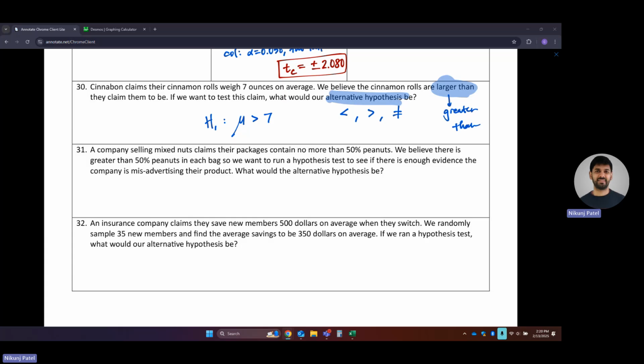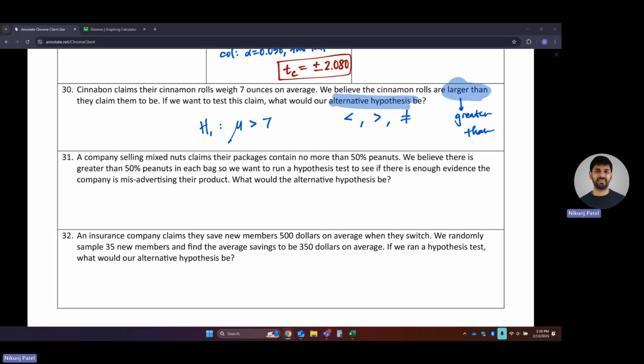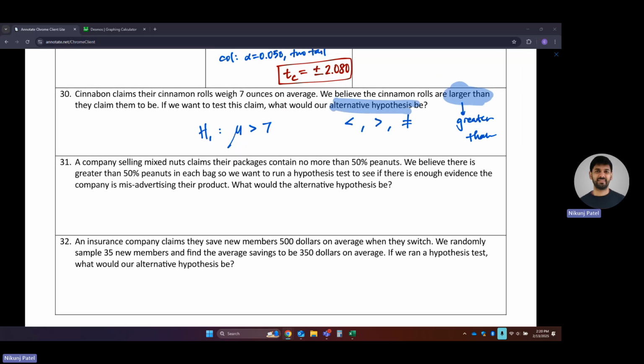Right, you can practice 31 and 32 similarly, but I think I want to go over it together. That way it kind of makes sense for the alternate hypothesis. Each of these asks for an alternate hypothesis. So 31 says a company selling mixed nuts claims that their packages contain no more than 50% peanuts. So our number involved is 50%. And it looks like we're saying we believe there are greater than 50% peanuts.